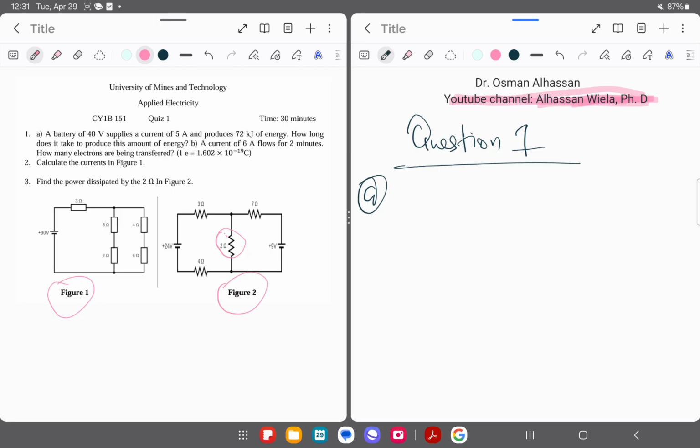You can see that from the question, we are given voltage. So I can write voltage here to be 40 volts. And then we are also given current to be 5 amps.